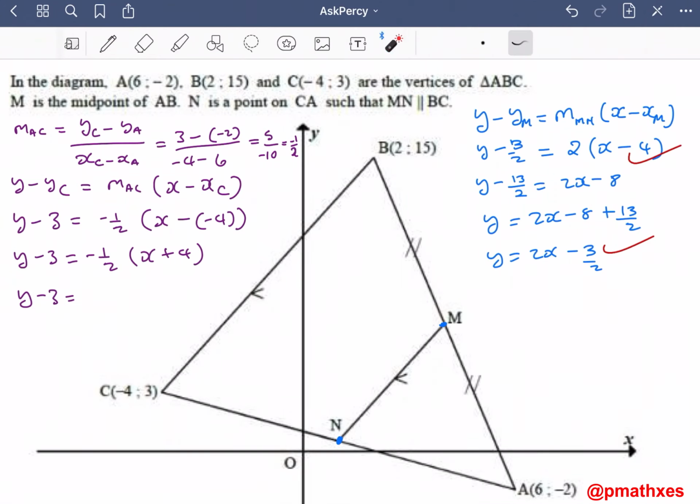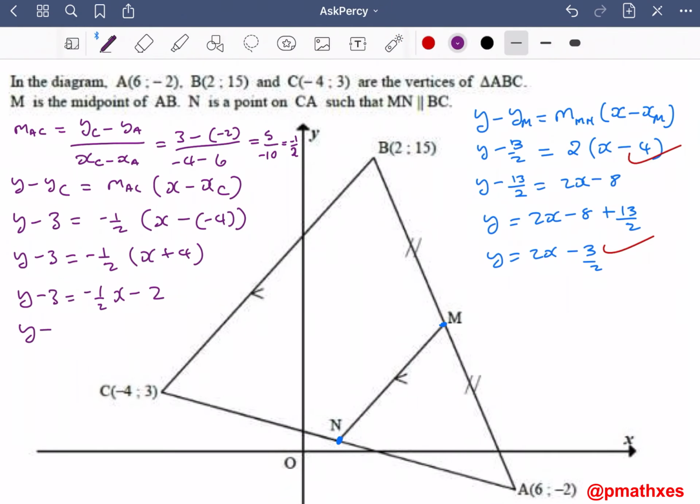So we'll say negative half times x, that's negative half x, and negative half times 4, that is negative 4 over 2, which is negative 2, right? Then I can take that negative 3 and put it on the right hand side, and it becomes positive 3.